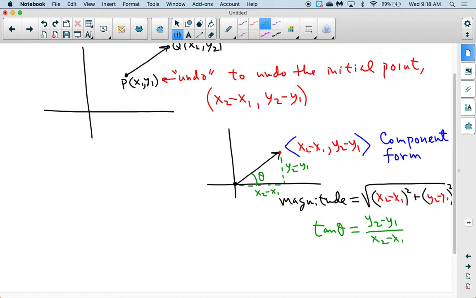Before I leave this slide, let me introduce you to some notation as well. If you read in a textbook and they want you to think of a vector, we'll call it v, as being a vector quantity, the textbooks will usually make the v or whatever letter they're using bold face. Well, you really can't do that when you're writing on a board. So what we'll usually do is put a little half arrow above it.